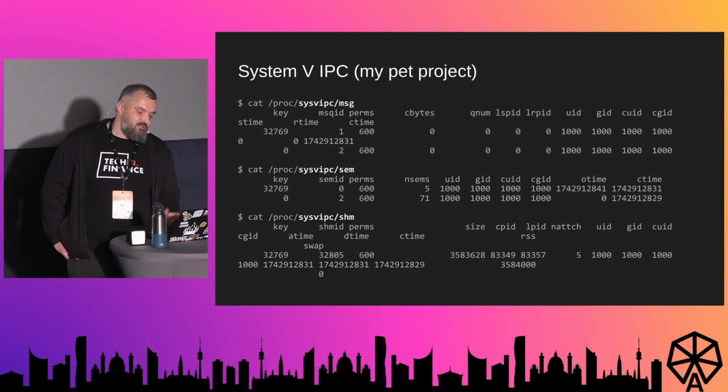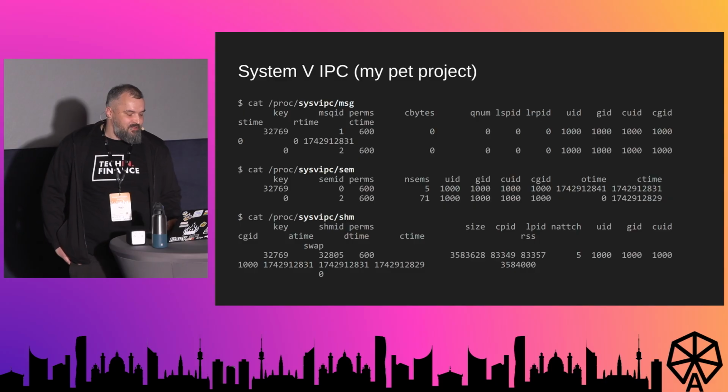And then this is my personal project. I don't expect you to share the same passion for it, but I'm very passionate about System 5 IPC. There are message queues living in the kernel, and then there are semaphores and shared memory, and you can do a lot of things with them.